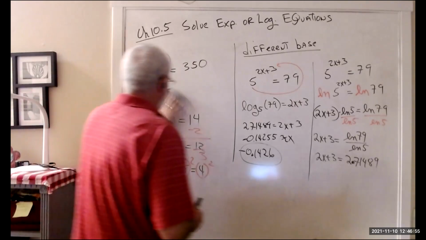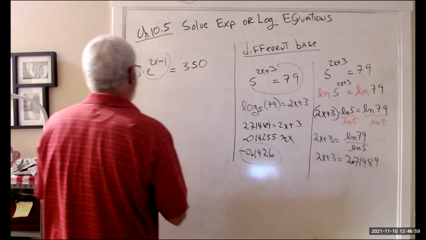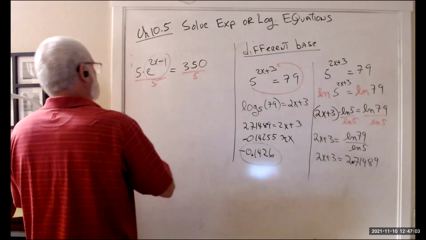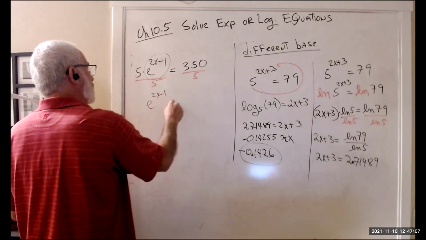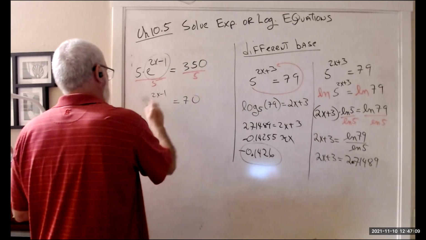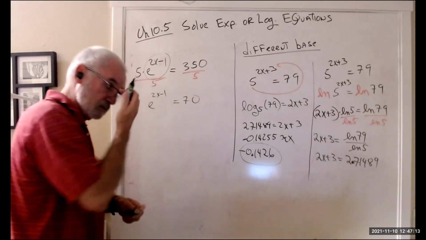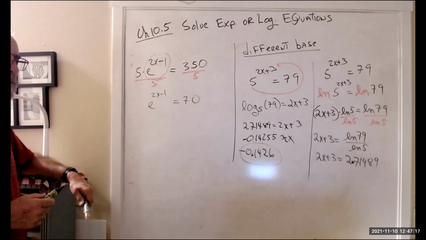Okay. Well, let's see what happens. The first thing I'm going to do is divide by 5. That gives me e to the 2x minus 1 equals 70. Okay, there's 2 ways this problem can be done.